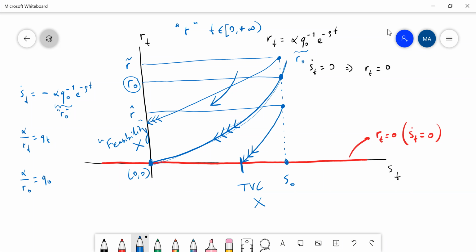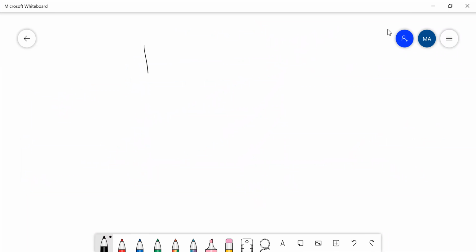Otherwise, there will always be another path that will still satisfy your dynamical system, but it will not get you to the steady state. It will either violate the transversality condition or it will violate your feasibility constraint. So as you see, it is highly similar to the optimal growth problem.